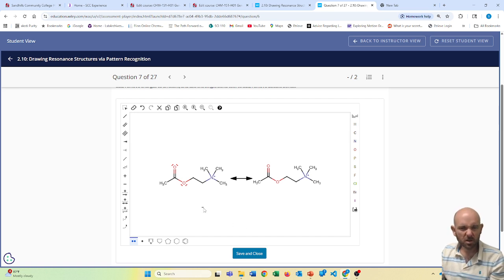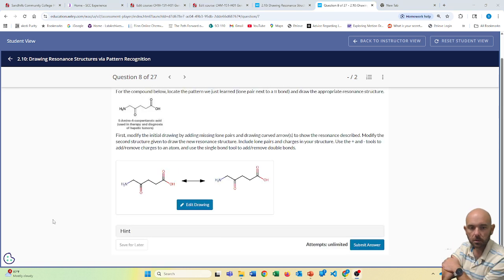Notice this is not a good resonance structure because there's already a formal charge here, and when we do this, we'll want to be able to get the correct formal charges on this oxygen and this oxygen here. And when we make new formal charges with molecules that already have formal charges, those aren't considered great resonance structures, but this is what they asked for here, so that's what we'll give them.